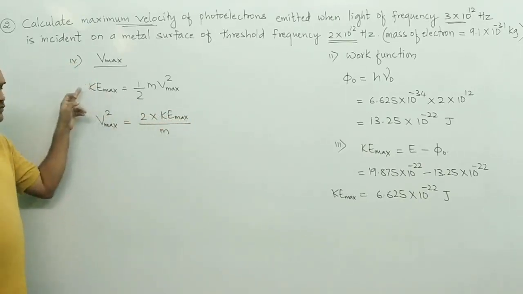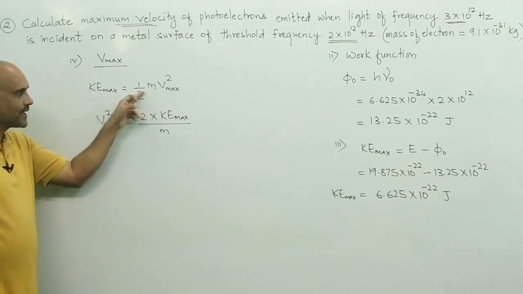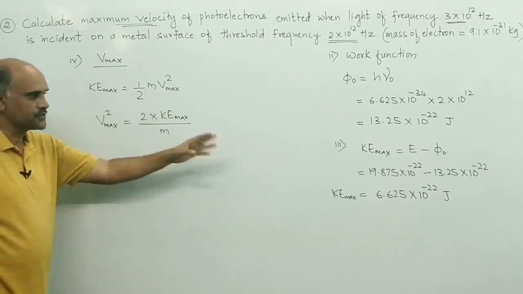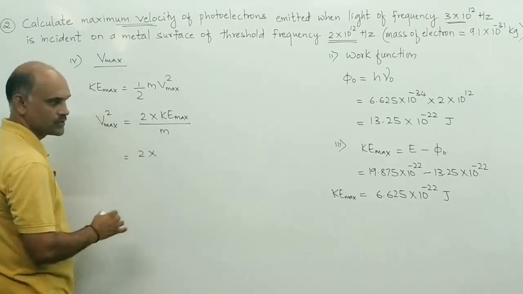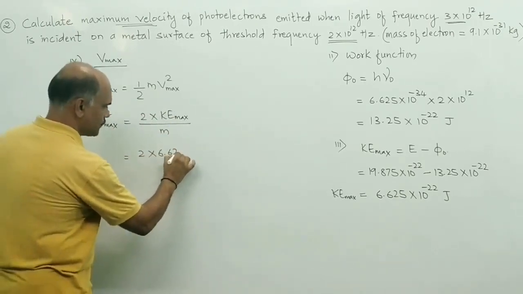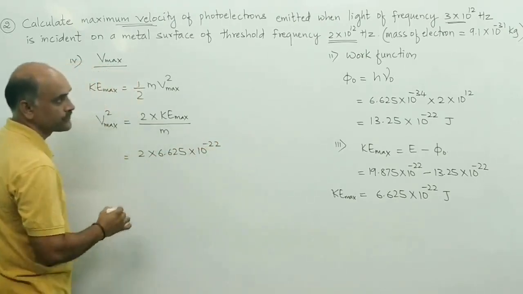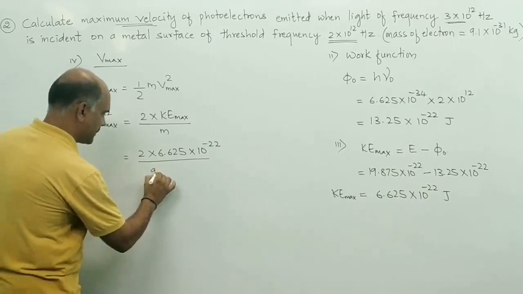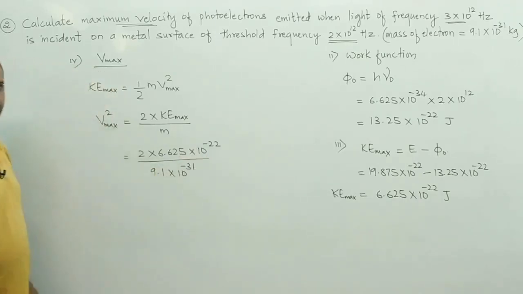I have taken 2 to the LHS, 2 into K max divided by mass m, I have taken it to the denominator. Now I will substitute these values. So you will have 2 into 6.625 into 10 raised to minus 22 divided by 9.1 into 10 raised to minus 31.